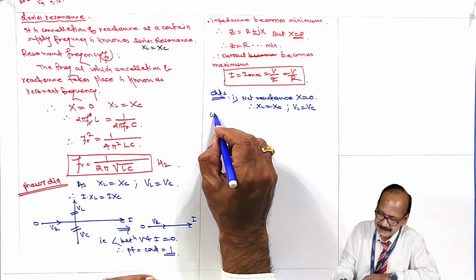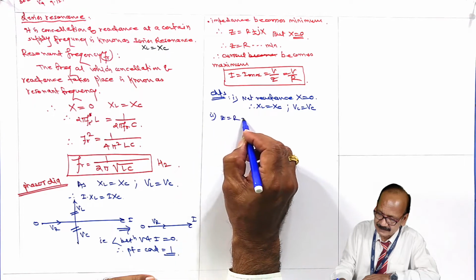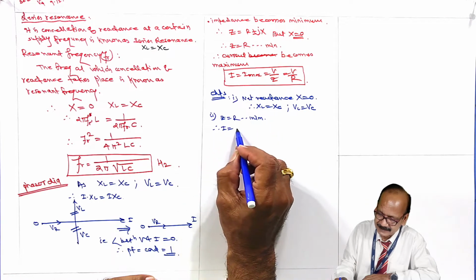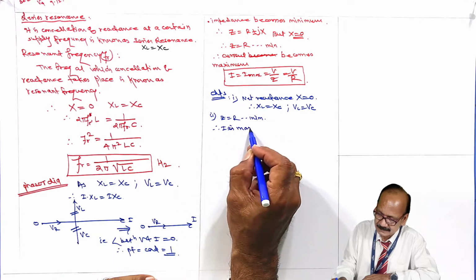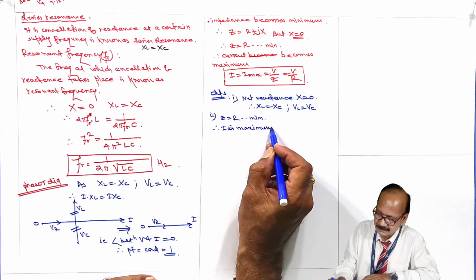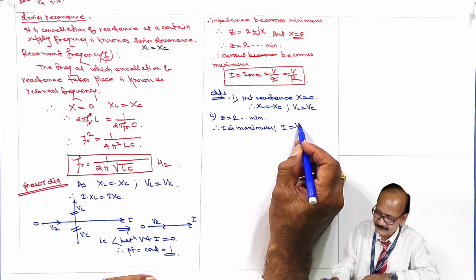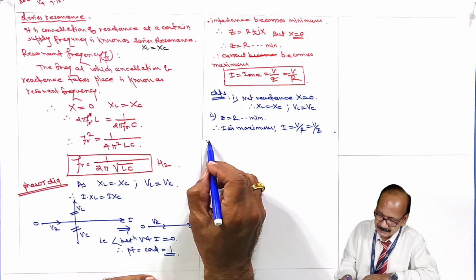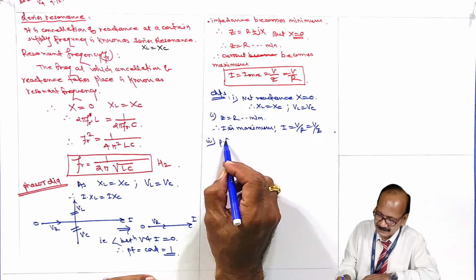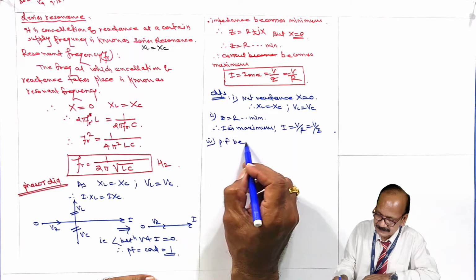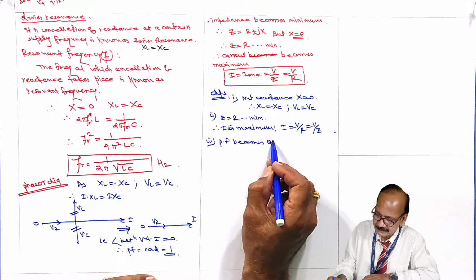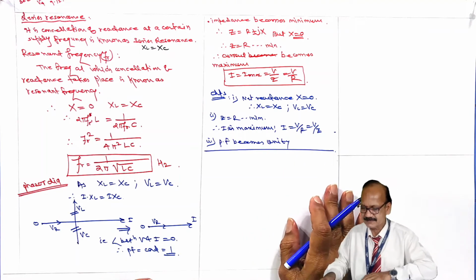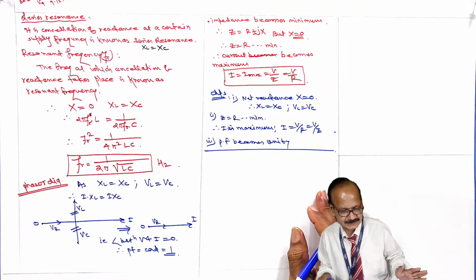Second, Z equal to R equal to minimum, therefore I is maximum. I equal to V upon R equal to V upon Z. Third, power factor becomes unity. This is about the resonance.